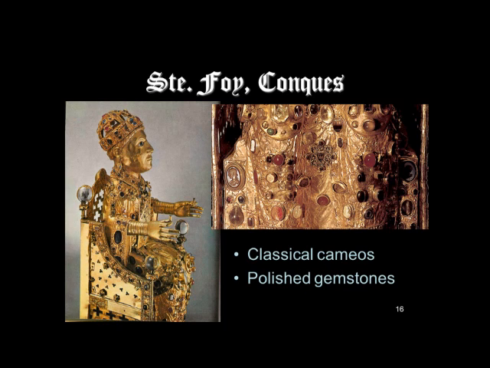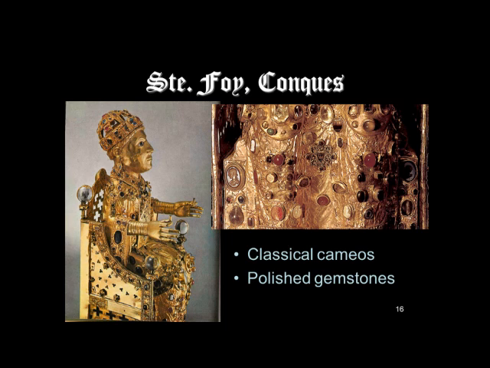And here we have a detail where you can look at this and you can see these different gemstones and how they are placed all over the figure of Saint-Foy. You might notice that some of them are cameos, and there may even be classical cameos here. That is one way that the classical cameos survived. These are the gemstones that are cut with the pictures in them.